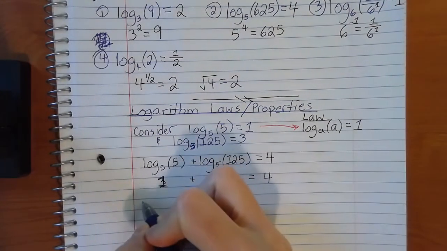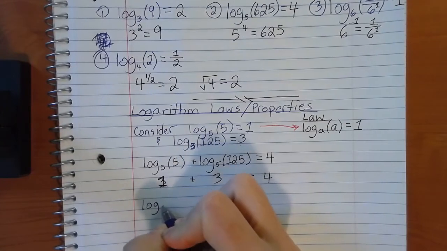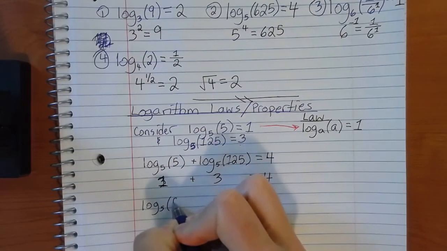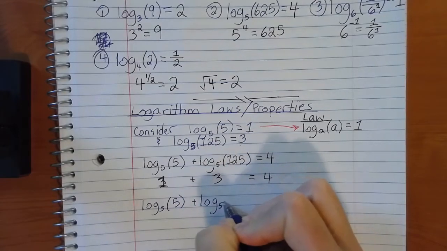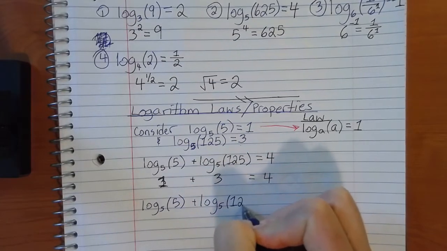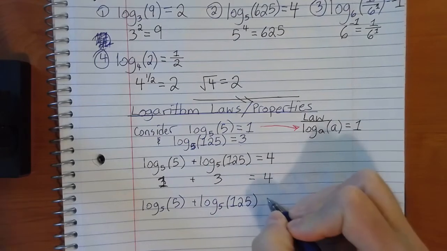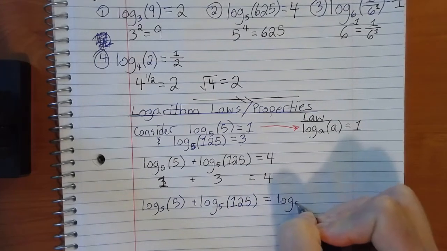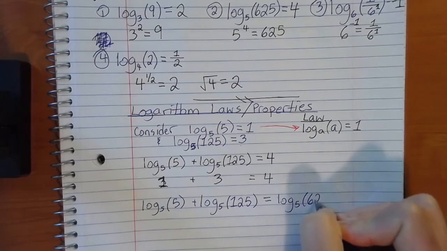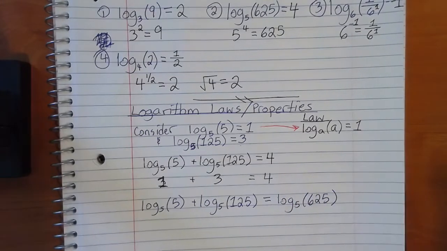So I could take that logarithm. We have log base 5 of 5 plus log base 5 of 125 now equals log base 5 of 625.